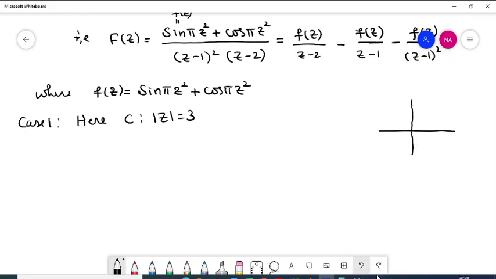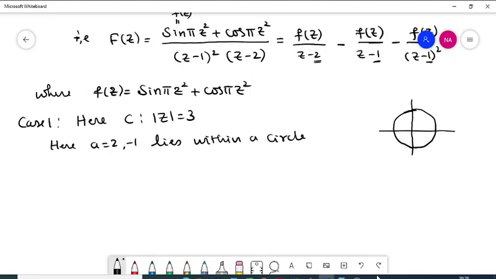So obviously you can check that the points given here, there are 3 cases, a is 2 and then minus 1, again minus 1. Here a equal to 2 comma minus 1 lies within a circle. So you can apply Cauchy's integral formula.